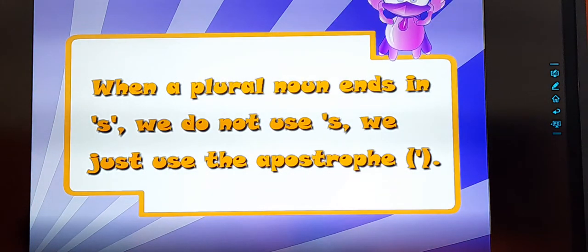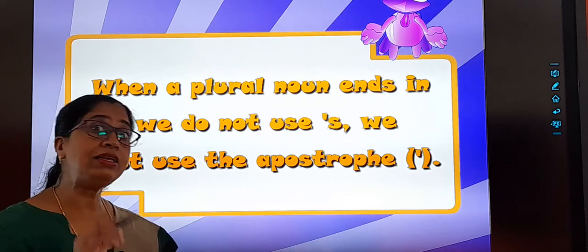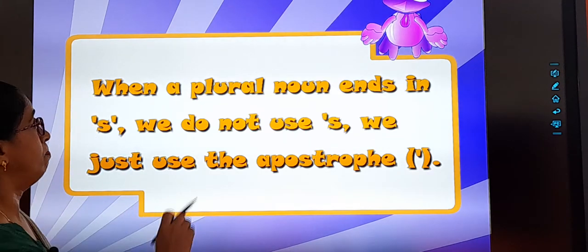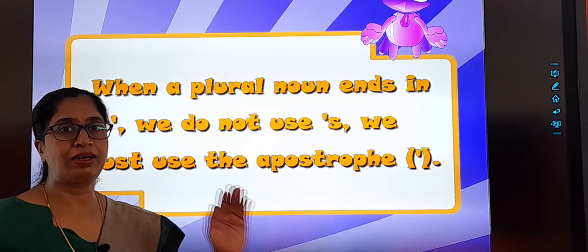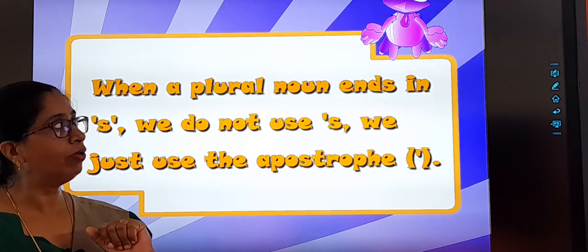When a plural noun ends in S, we do not use apostrophe S. We just use the apostrophe. In the case of a plural noun, girl is singular, girls is plural.